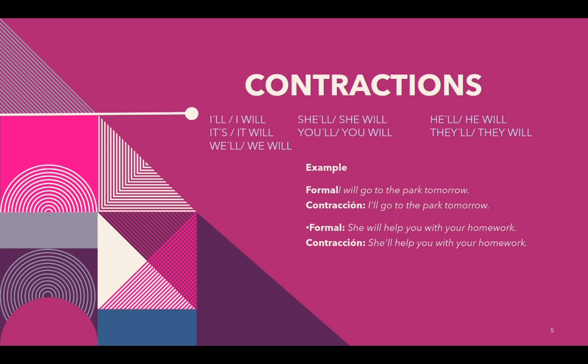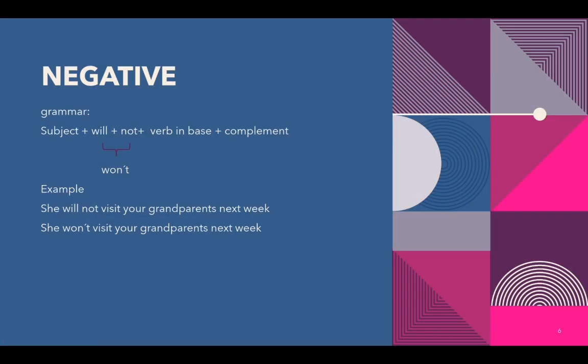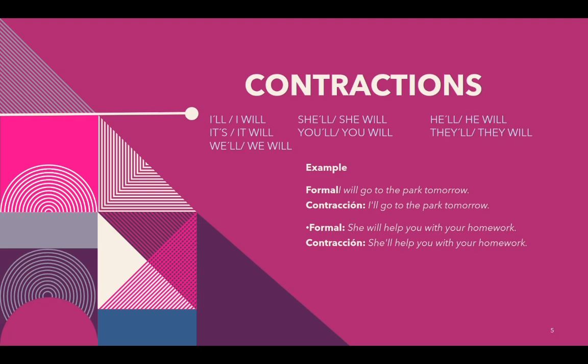And remember, when I use the formal way, I say I will go to the park tomorrow. But when I use the contraction, I say I'll go to the park tomorrow. So when I use subject plus will plus verb in the base form, I use the formal.